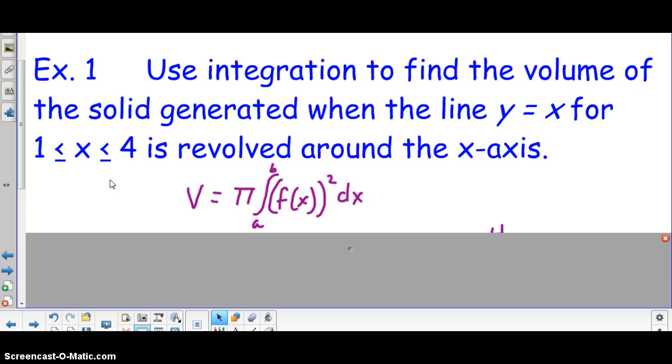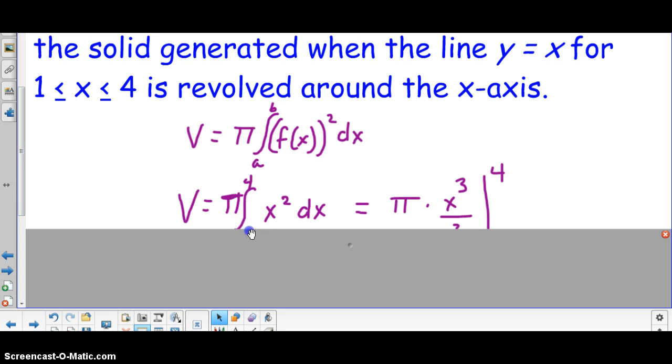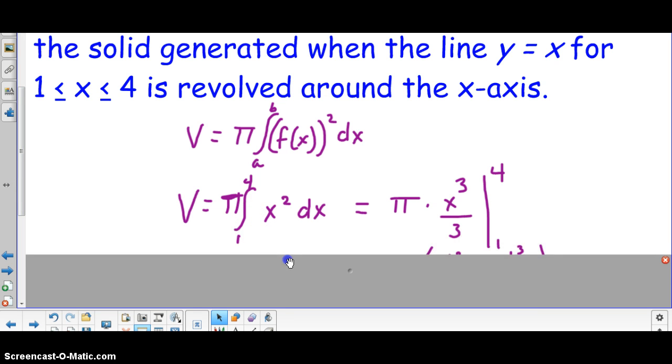Anytime we are going to find the volume of a solid, we're going to be using this formula. So go ahead and pause the video and plug in your a and b values and your function. Okay, so you should have plugged in 1 for a and 4 for b, because that's the interval they want us to use, and then x is our function. So you plug in x for f of x, and that would be squared.